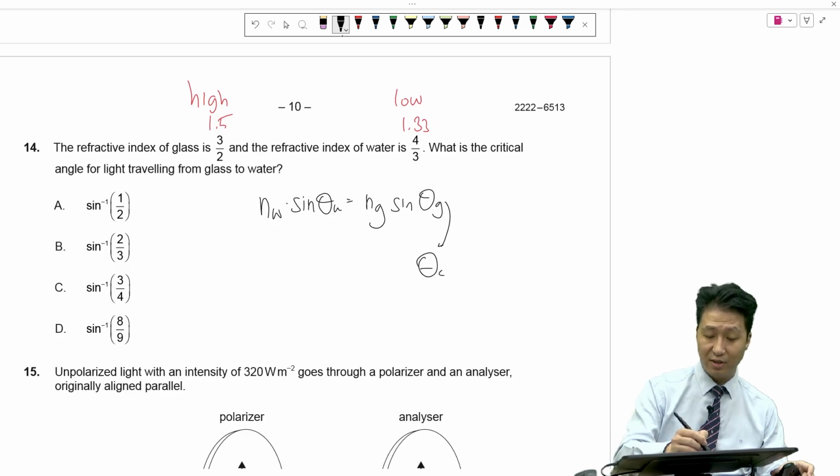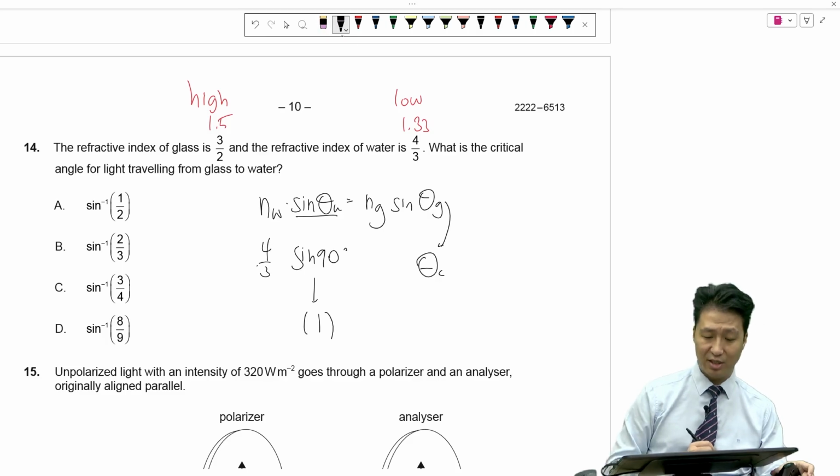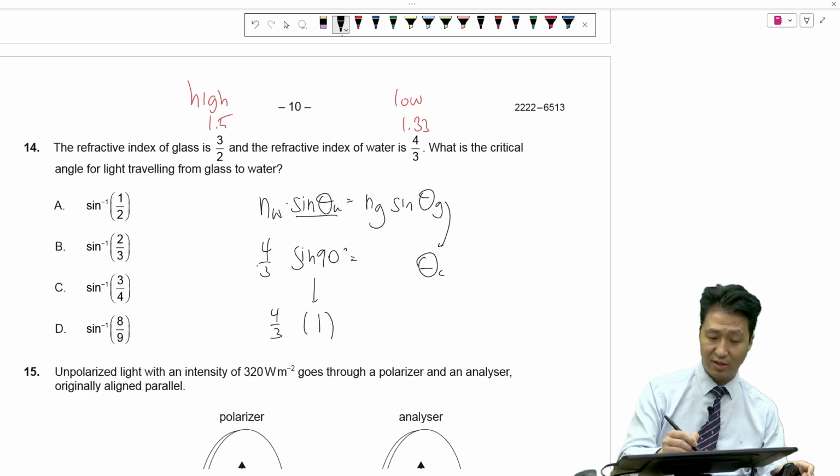You're trying to leave the glass and go into the water, but at the critical angle, this is 90 degrees, so sine of 90 degrees is basically just 1. The index of refraction of the water is 1.33, and let's actually keep it as a fraction because it's 4/3. You can use a calculator. Equals the index of refraction of the glass, which is 3/2.